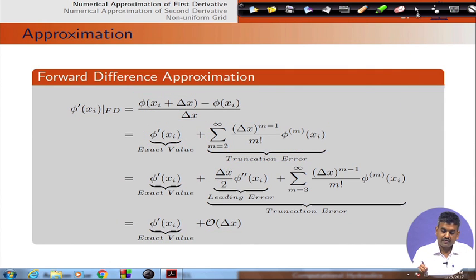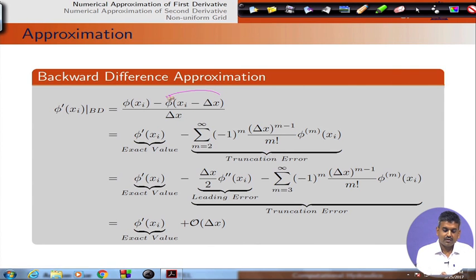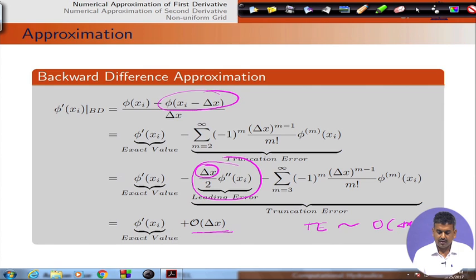Now, if we see the backward difference, again we can use the Taylor series expansion, and with this one again the leading error term has delta x, which is the lowest power of delta x, and this again gives first order error, so truncation error is again of the order delta x.